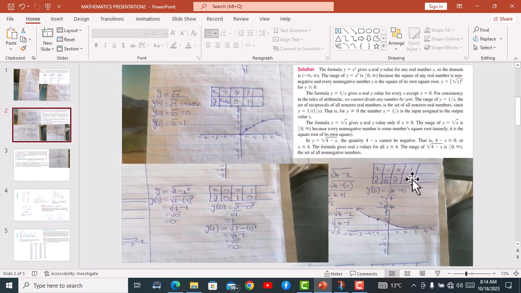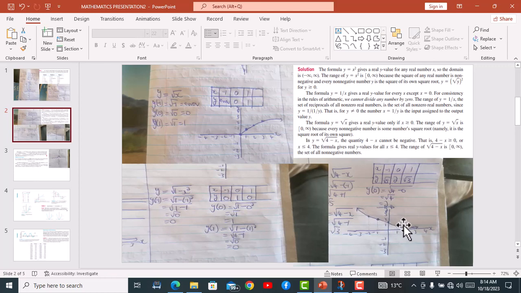So we will compile a table in that form. When x is -1, y is the square root of 5, which is 2 point something. When x is 0, y is 2. And then when x is 1, y is the square root of 3, which is just below the number 2.